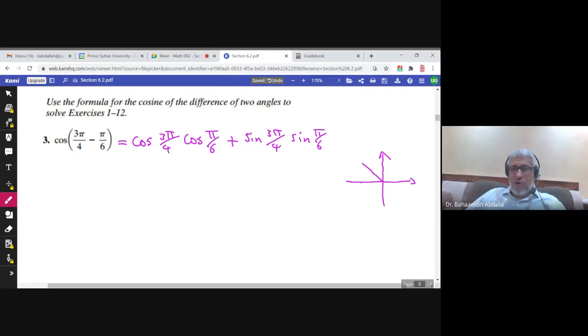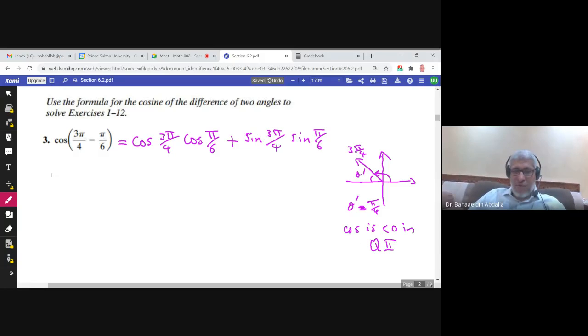If you draw 3 pi over 4 in standard position, then you will find that theta prime is pi over 4. And 3 pi over 4 lies in quadrant 2. And in quadrant 2, cosine is negative. Cosine is less than 0 in quadrant 2, okay? While sine is positive, okay?